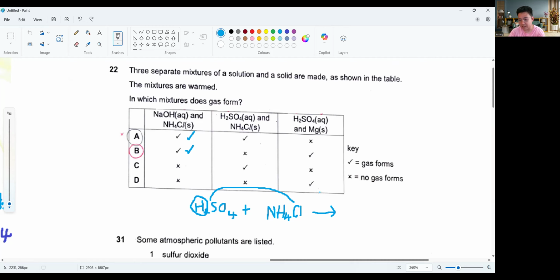That means who is more reactive? In this case, H and Cl are more reactive. In our class also, we have this, so just refer to the electrochemical slash reactivity series.